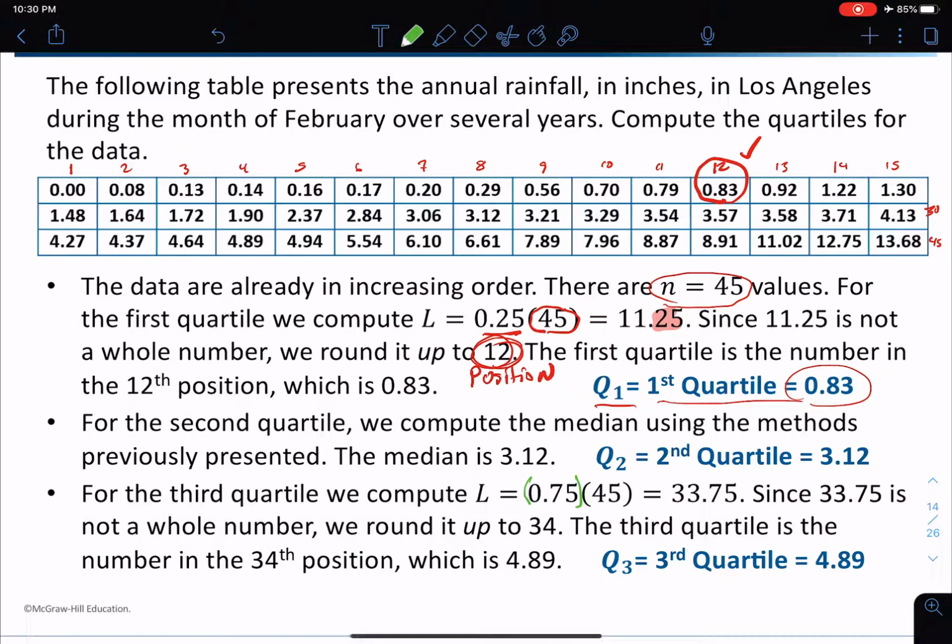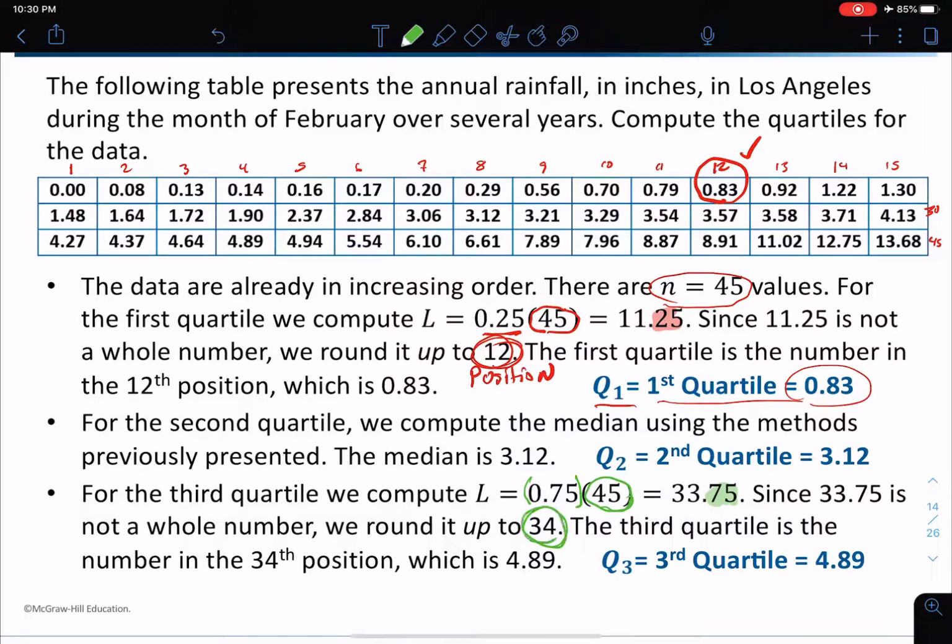So that's 0.75, right? 75 cents is the third quarter in a dollar. We still have the same n value of 45 data pieces. We multiply that, and once again we're getting a value that is not a whole number. That's not a problem. All we have to do is round up. 33.75, round it up to 34.